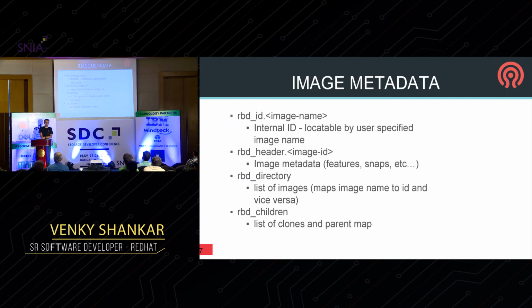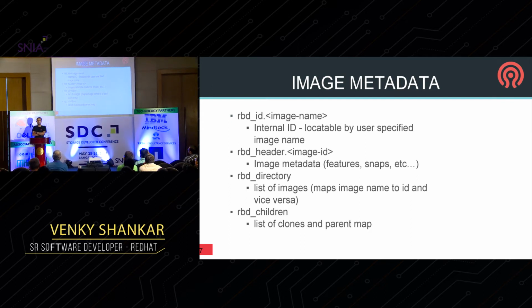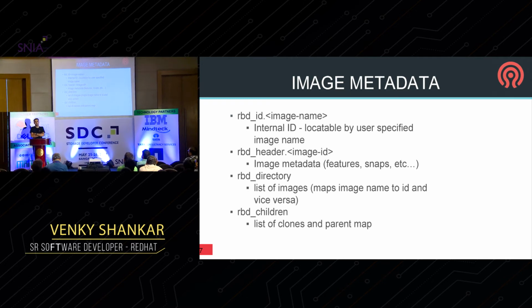Okay, so when you create an RBD image, as I said, it's thinly provisioned, so there is absolutely no data initially. What you have is a bunch of metadata. Internally, librbd works with an image ID. You give your image a name, say R0, R1, and we generate a unique image ID from it, and that's what is usually operated on.